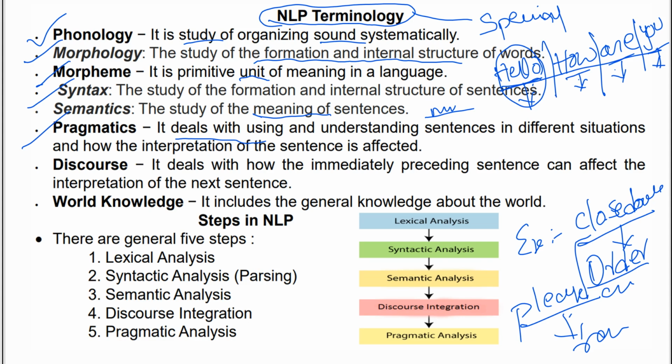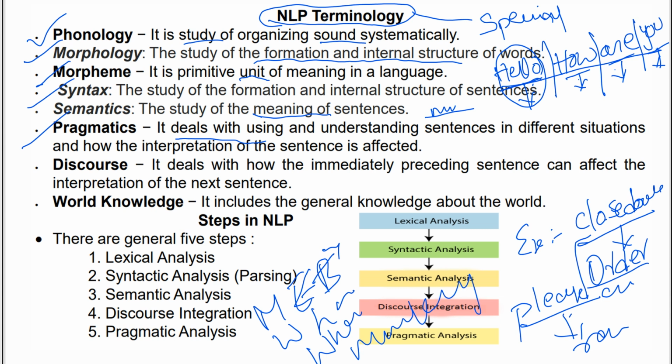Then discourse. Discourse means predicting the next word based on the previous word. A simple example: monkeys are eating bananas when they woke up. Who are they?